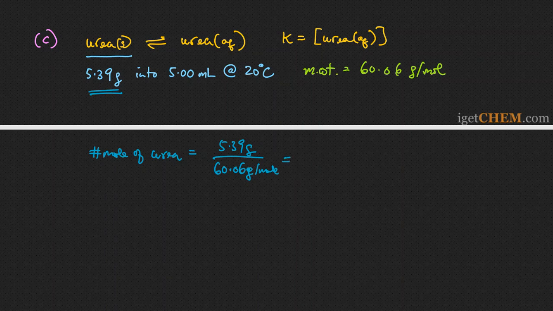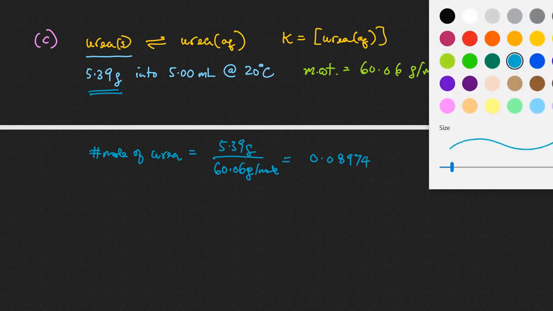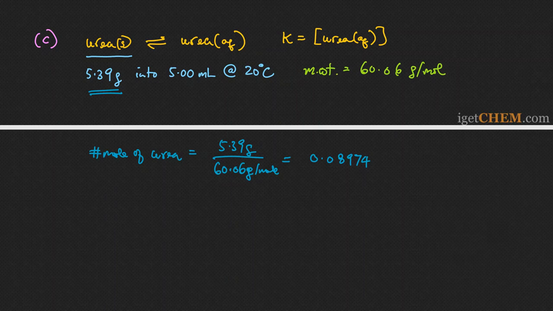And so when you do that, you will see that this is 0.08974. You see that the number of significant figures should really be 3. So I'm keeping 4, but the last one isn't going to be significant, but I'll just keep one more just in case.